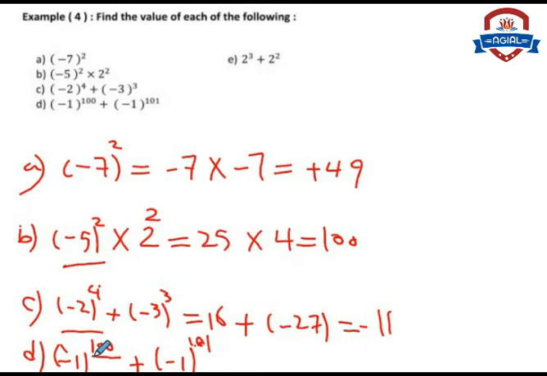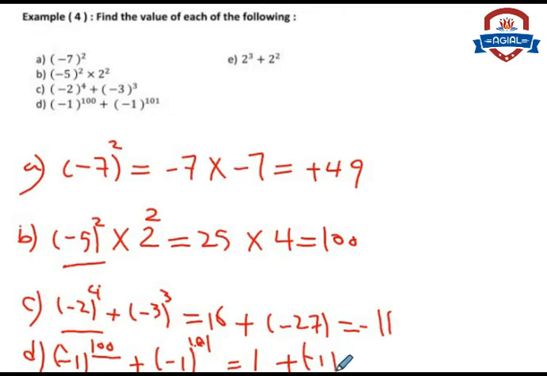So 1 to the power of any positive number equals 1. So we have positive 1. And plus (-1) to the power of 101. 101 is an odd number, so the result would be negative 1.